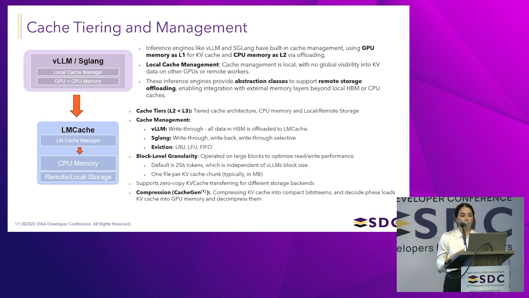So vLLM follows write-through: any data you generate is automatically written to LMCache. SGLang is a little more flexible. You can do selective write-through. You can do write-back. But the evicted cache is not going to be written to LMCache. So whatever is generated on your HBM or upper-layer cache is either going to be written or not. And they have their own eviction.